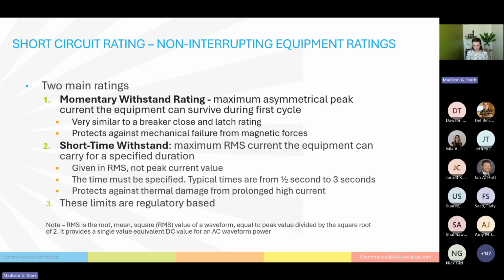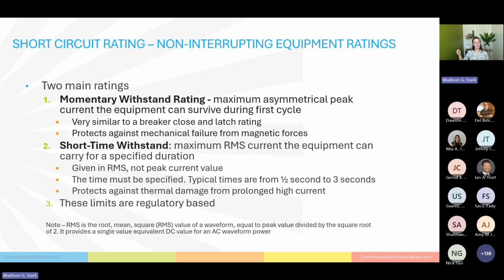For non-interrupting equipment, you have two ratings: your momentary withstand and your short time withstand. Your momentary withstand really relates back to that close and latch rating, or the instantaneous or momentary peak current. This is the maximum asymmetrical peak current that the equipment can survive during that first cycle. Again, you're protecting against mechanical failure of the equipment.